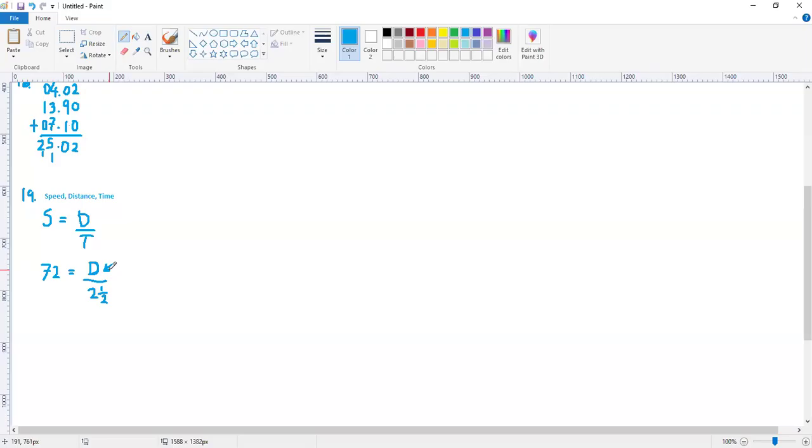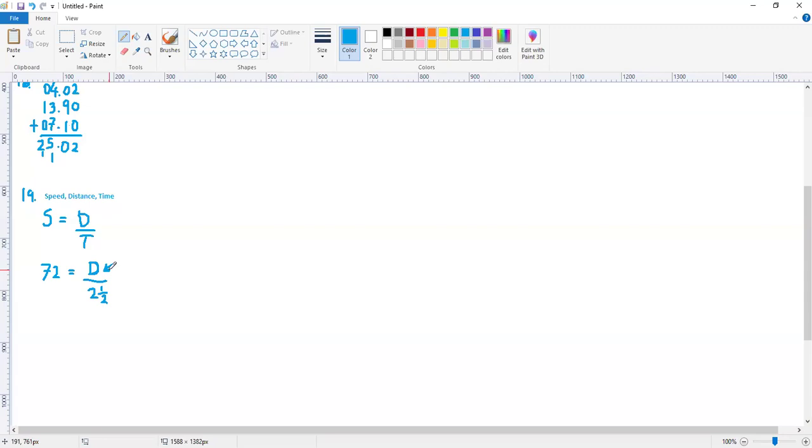So I said we needed to take care of the 2.5. What would we have in this instance? You notice there's a division sign there, right?